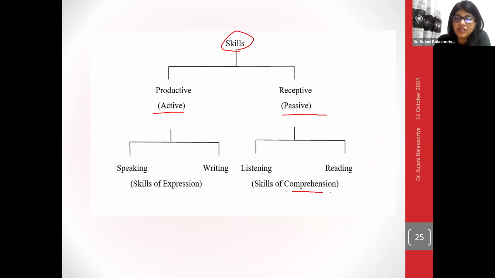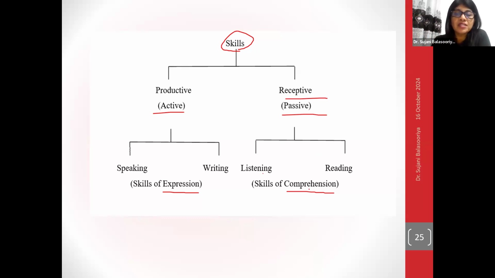Another set of words: comprehension and expression. With receptive skills, we associate the word comprehension because comprehension means understanding. You listen to something, you read something and understand. So it involves the ability of understanding.